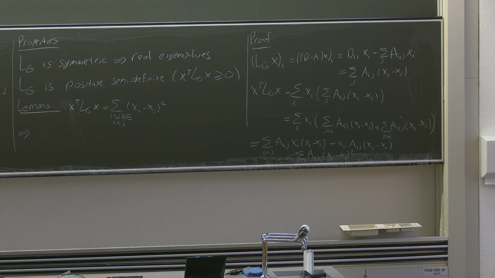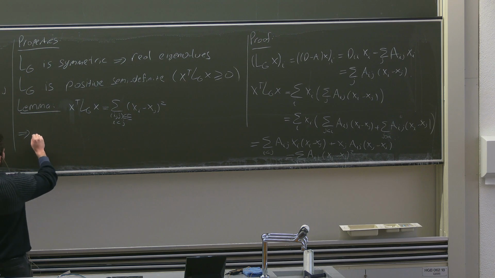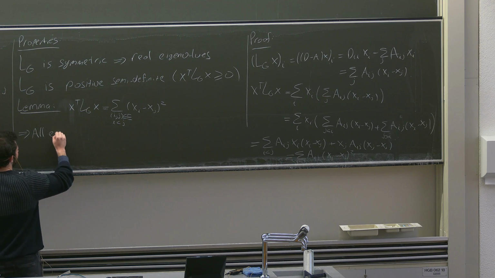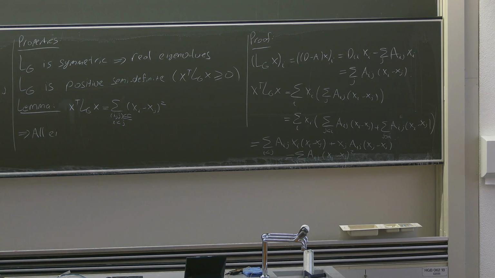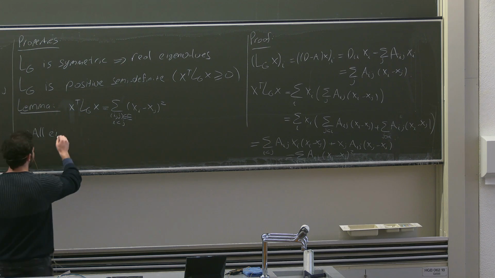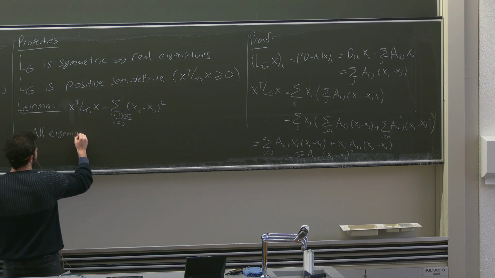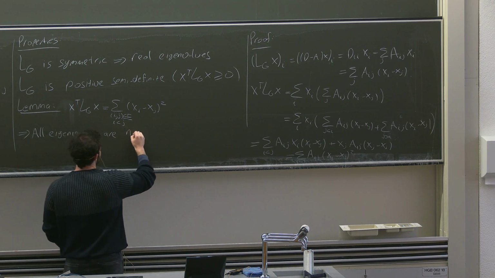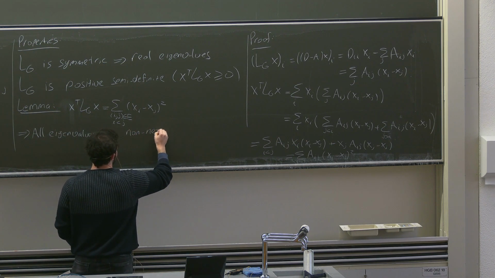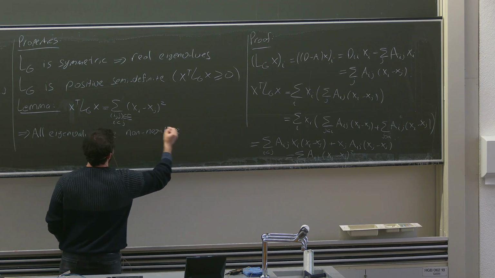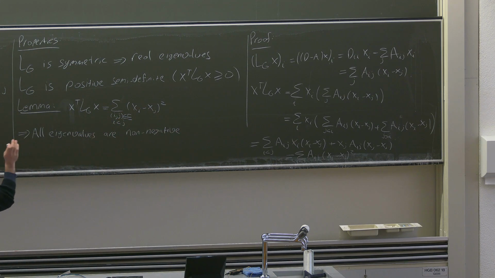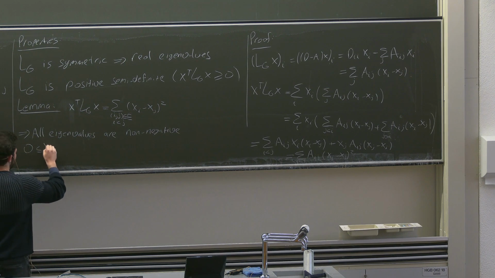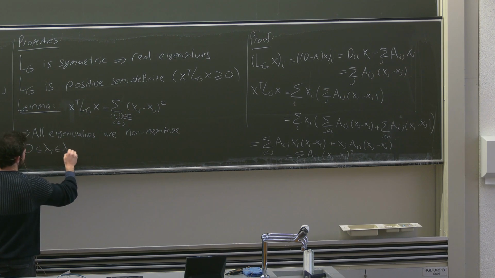So this implies that our matrix is symmetric positive semi-definite, so it's diagonalizable, and all eigenvalues are non-negative. Since it's symmetric, we know they're real, and we know they're non-negative, so the eigenvalues will look something like this.